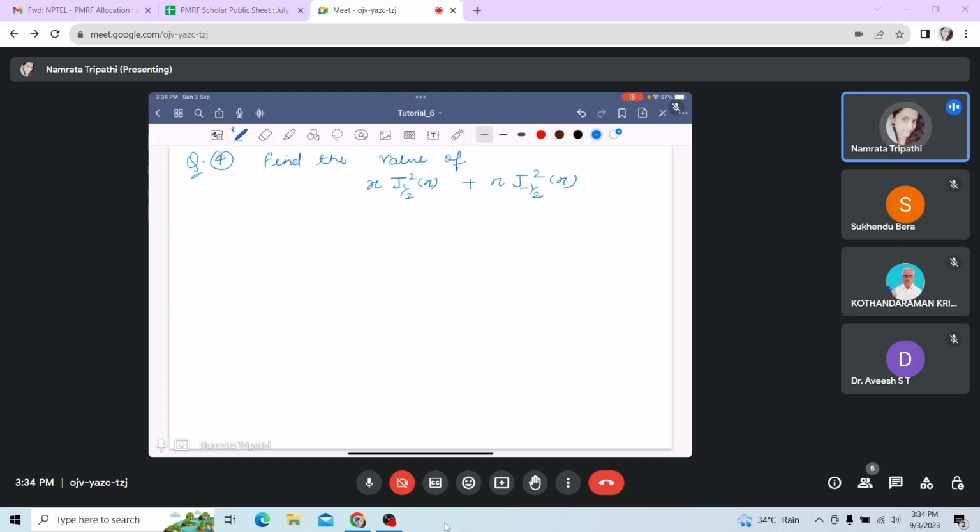You have to just simply put the values and get the answer. Tell me the answer. We have already used Z1 by 2 and Z minus 1 by 2, you can use.